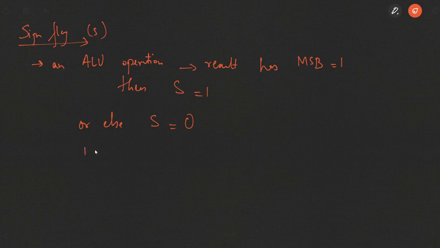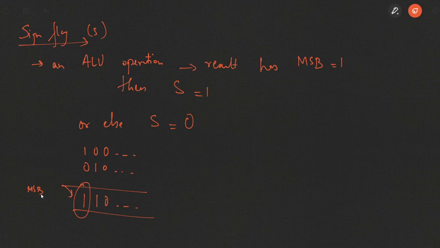You can have any type of arithmetic and logical operation that results in an MSB of 1. If this MSB is equal to 1, the sign flag will be set. If it is 0, then the sign flag is reset.